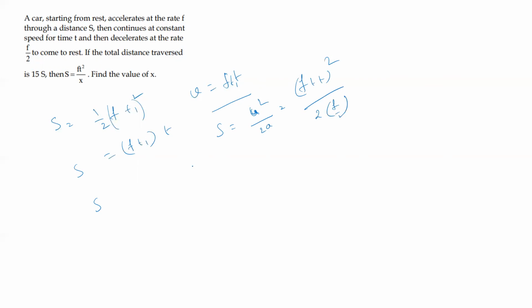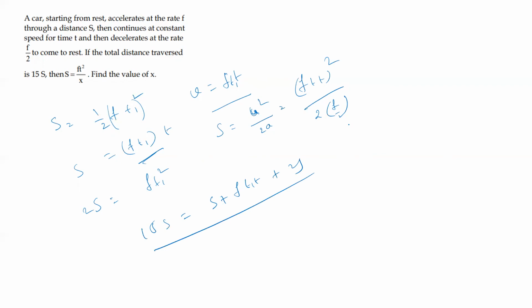From this you will get 2s is equal to f t1 squared. Altogether you add them and equate with 15s, because 15s is given. 15s is equal to s plus f t1 t plus 2s. Okay, simplify.